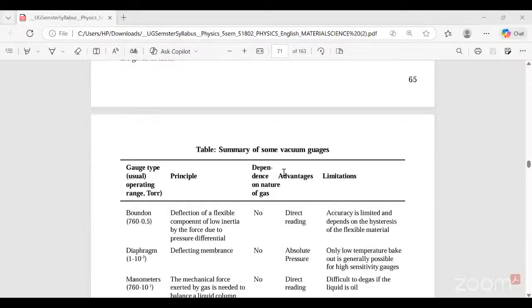These are the working principle, advantages, and limitations.